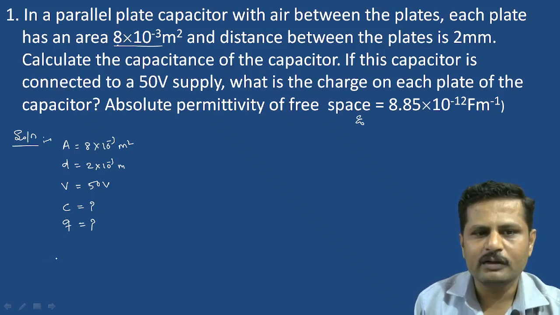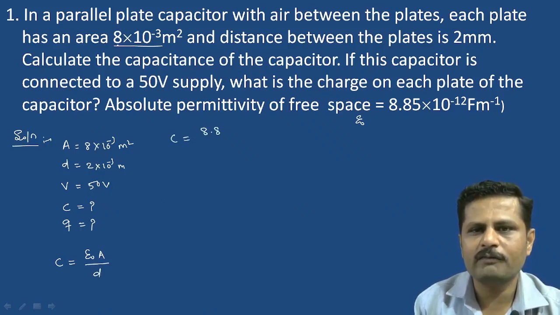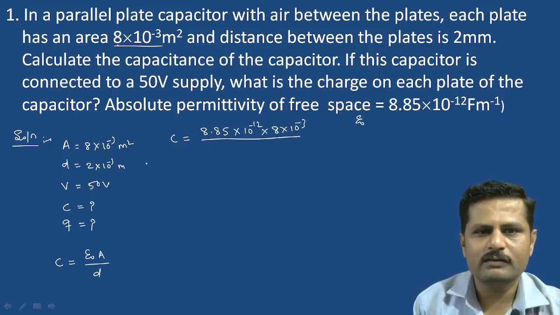Now we know the expression for the capacitance of a parallel plate capacitor: C equals epsilon naught A divided by D. Substitute the values: epsilon naught equals 8.85 into 10 raised to minus 12, into area 8 into 10 raised to minus 3, divided by D, that is 2 into 10 raised to minus 3.